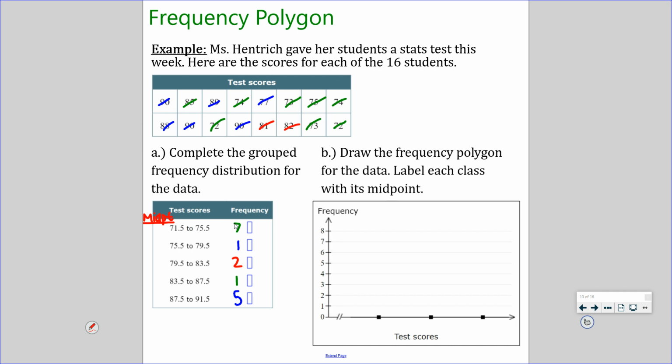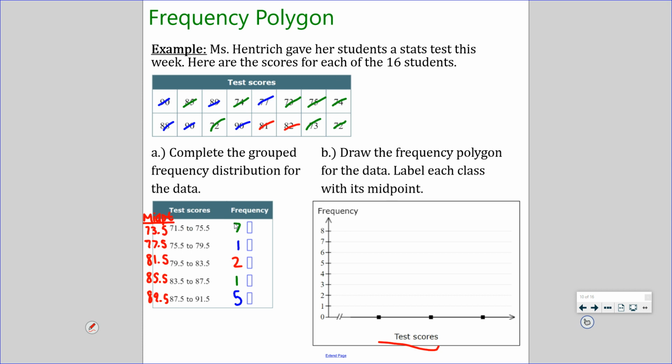The average there, and you could probably do this without doing the math, would be 73.5 for the first class, 77.5 for the second, 81.5 for the third class, 85.5, and then 89.5. That's how they want us to plot this on the x-axis, by the midpoint. Don't worry about those dots.